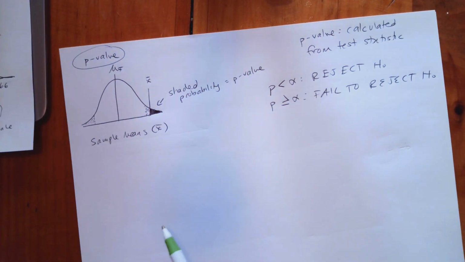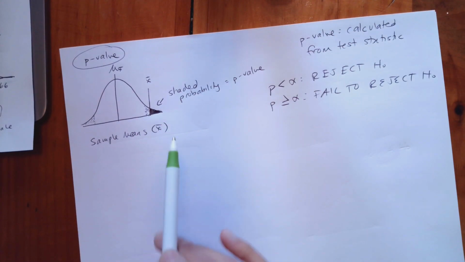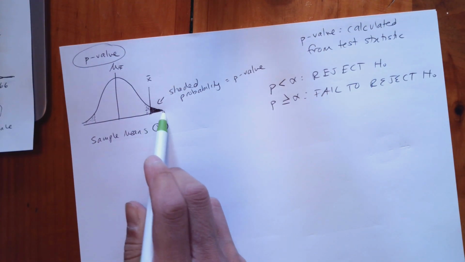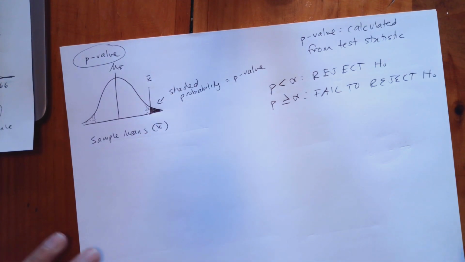So again, your p-value is how likely it is that you'll get some test statistic that's as extreme or more extreme than the one you actually got.